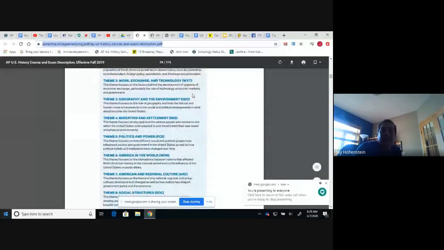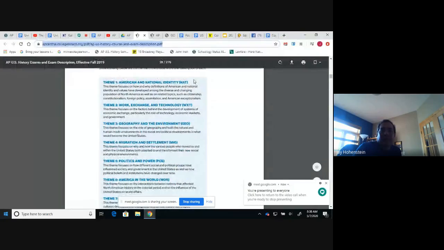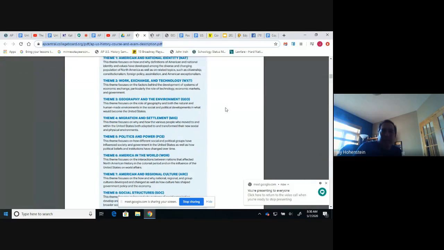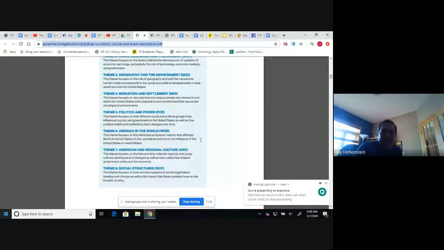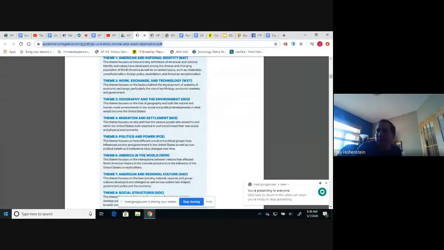Inside your concept outline on page 28, and this is the document that I shared with you from the College Board, you need to be figuring out what themes you're going to really be focusing in on. And so in this case, you can feel that we're moving towards the idea of economics. When we think about how you've got work exchange and technology right here, you're about to see our society, our culture change a ton as a result of changing economic standards.